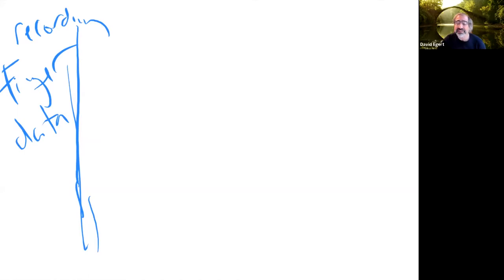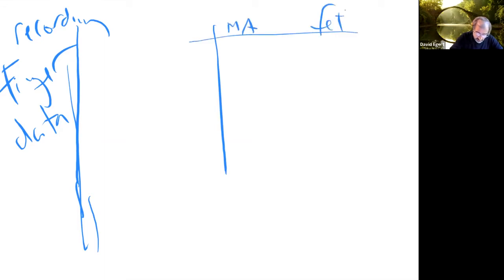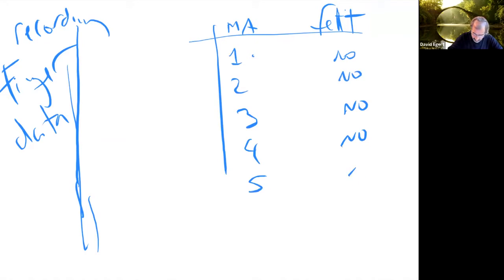On one side the voltage, and on the other side whether they felt it or not. That is not really going to be that helpful, because it's not going to give us information we care about. It would be milliamps. Let's say milliamps and felt. I could say 1 milliamp, no. 2 milliamps, no. 3 milliamps, no. 4 milliamps, no. 5 milliamps, yes.